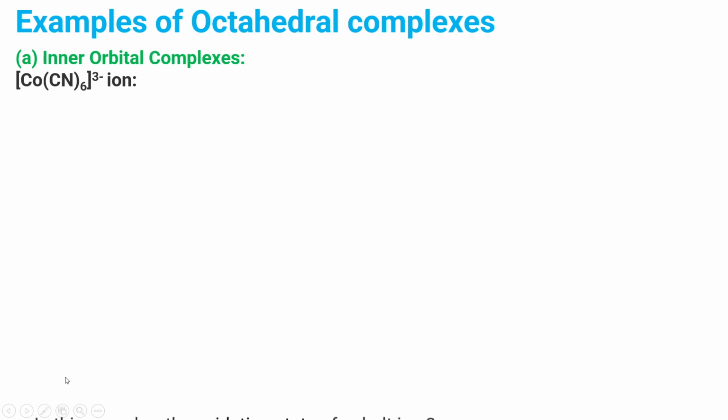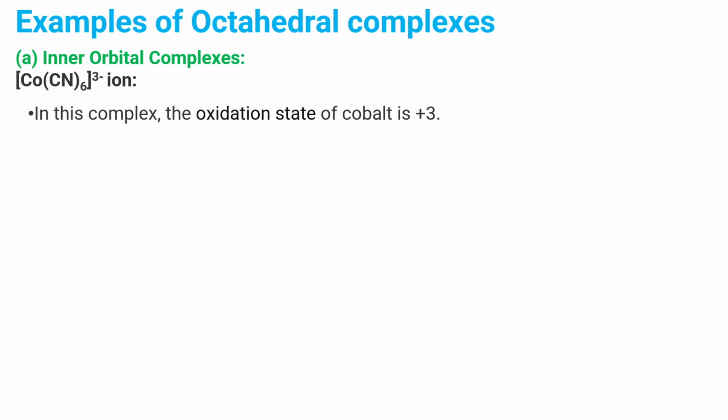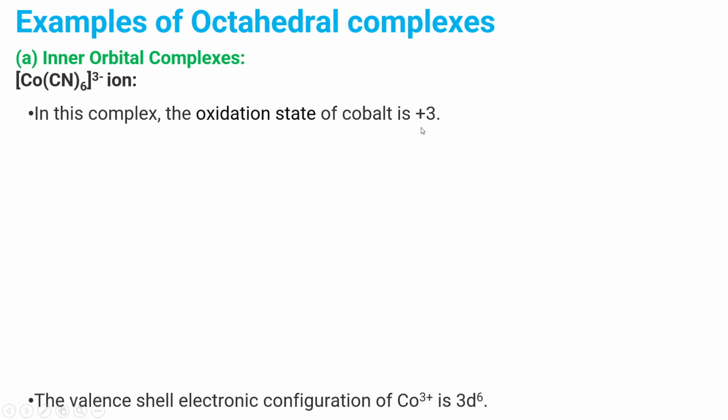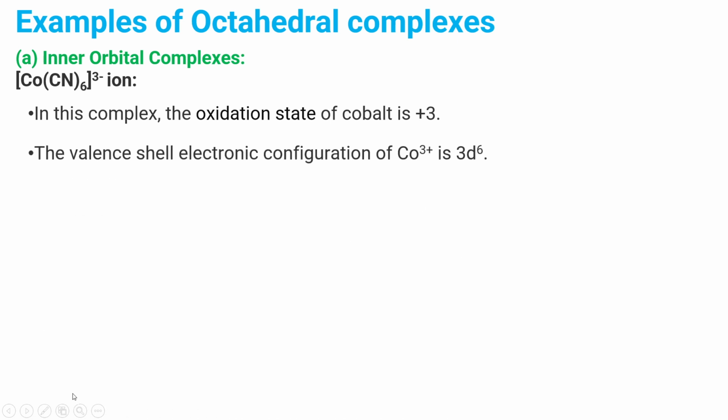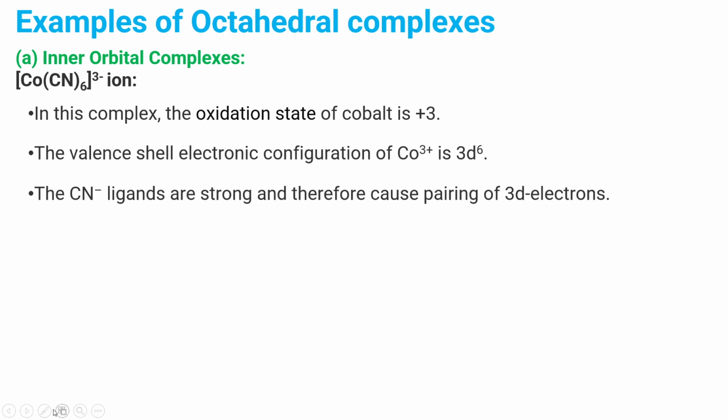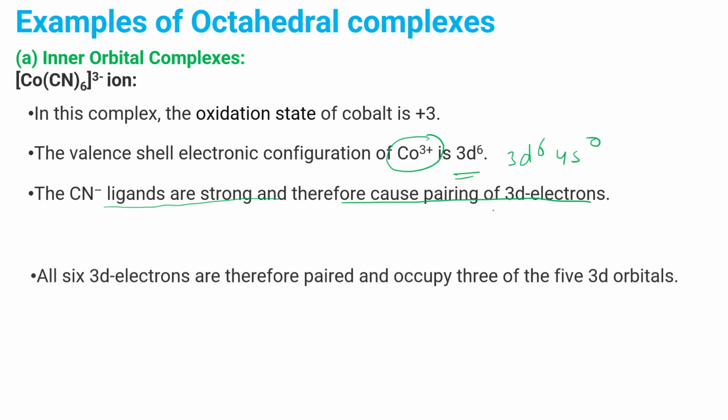So for the inner orbital complex, as I said, the oxidation state of cobalt we calculated to be +3. The valence shell of cobalt +3 is 3d6 4s0. Cyanide is a strong field ligand, therefore it will cause the pairing of d electrons. That means space will be generated.